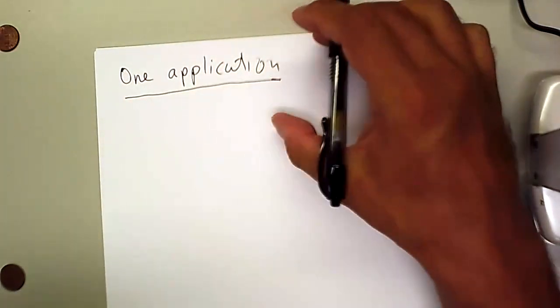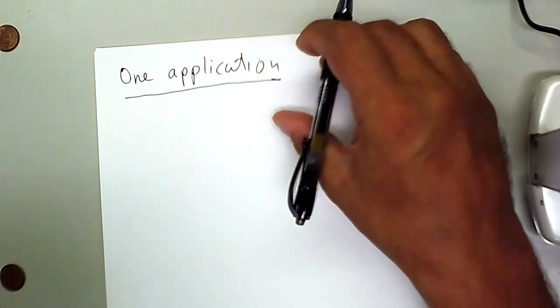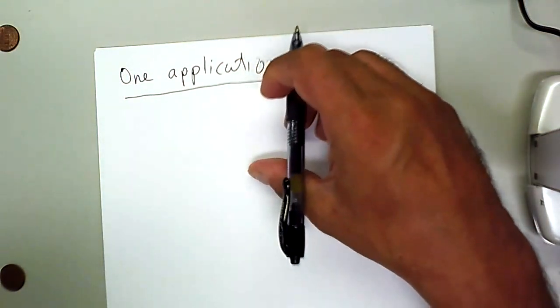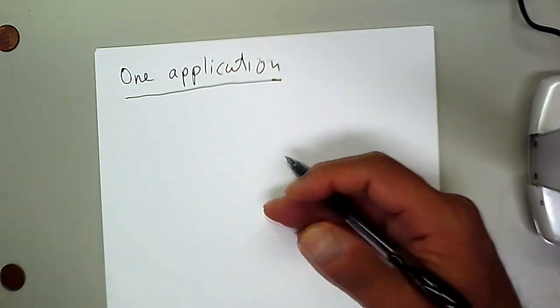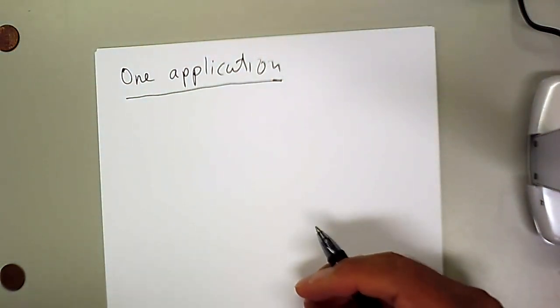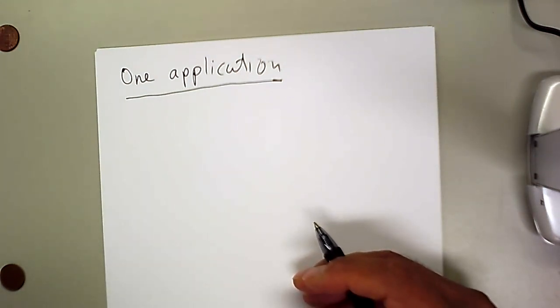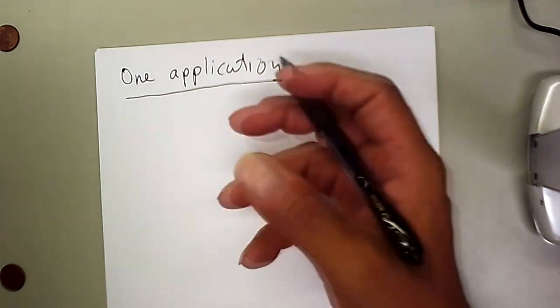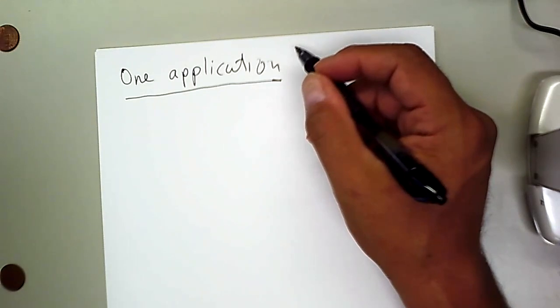Oftentimes we have a mathematical idea that is used for another mathematical idea, and we label that as an application. And then that could be used for another mathematical idea. So there are levels of applications, until we perhaps eventually get down to an application that actually uses actual solid things as opposed to numbers, functions, and so forth.